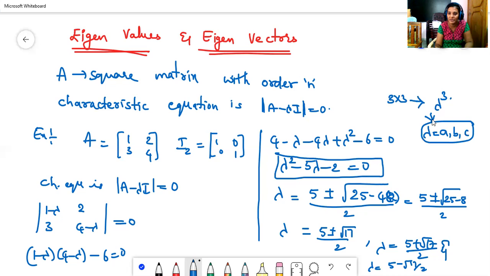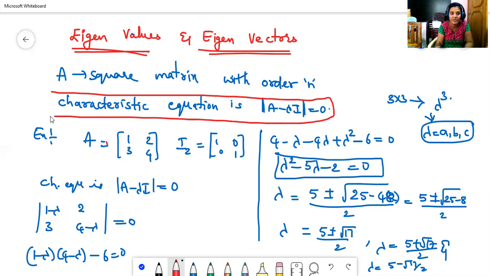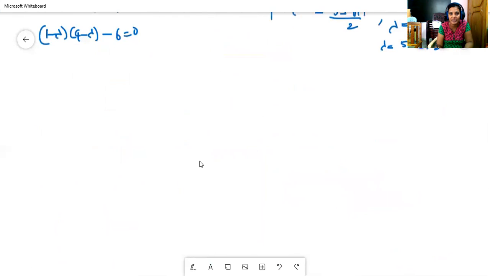These lambda values are called the eigenvalues. The eigenvalues are calculated from the characteristic equation determinant of A minus lambda I equal to 0. That is the condition.